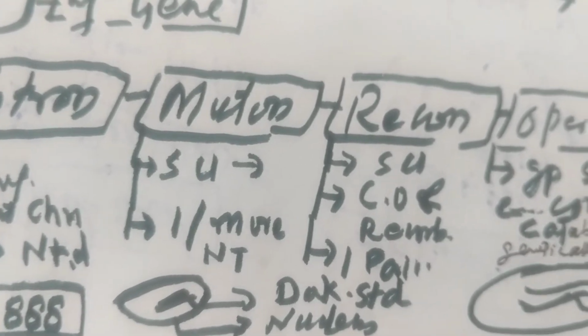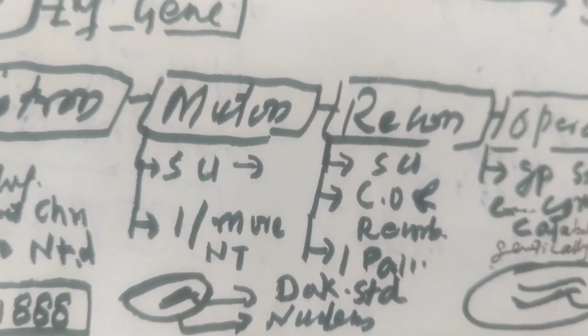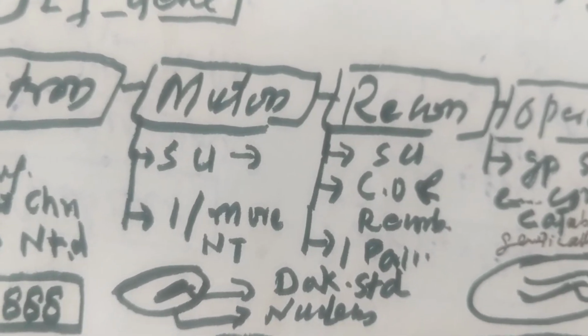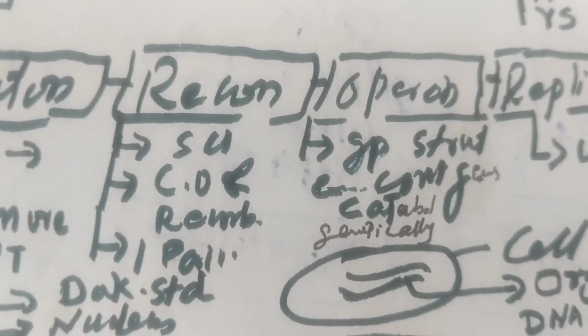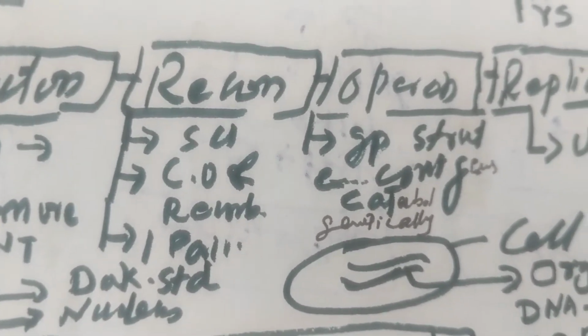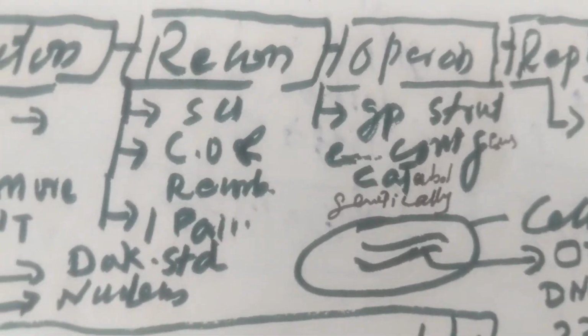Next is the muton, the section where the mutation takes place. It is the smallest unit, consisting of one or more nucleotides. Then next is the recon, also the smallest unit of the gene, where crossing over or recombination occurs.